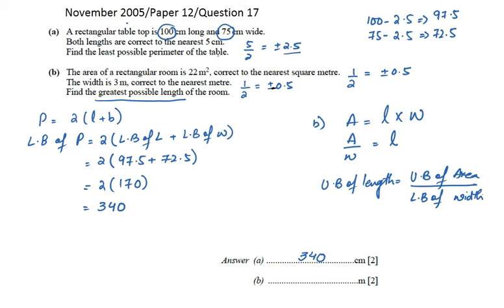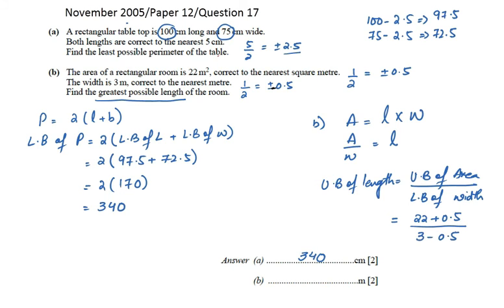Why we are taking upper bound and the lower bound? To clarify this thing, you should watch my video of limits of accuracy, in which I have explained in which condition we will do what. So here to find the upper bound of area, we will add 0.5 to 22, so 22 plus 0.5, and to find the lower bound of the width, we will subtract 0.5 from 3, so 3 minus 0.5.